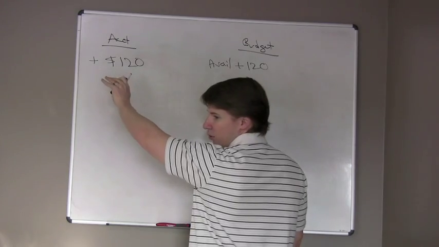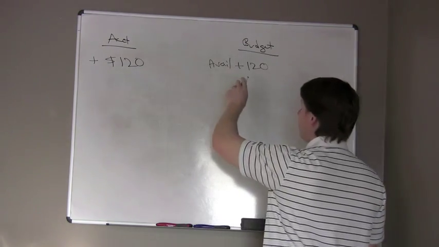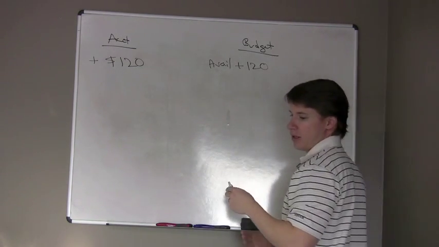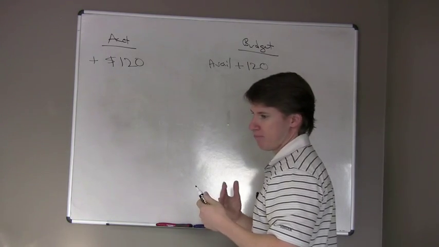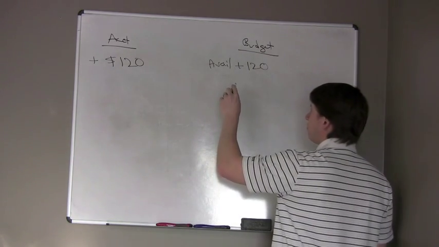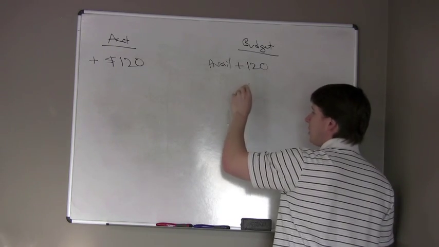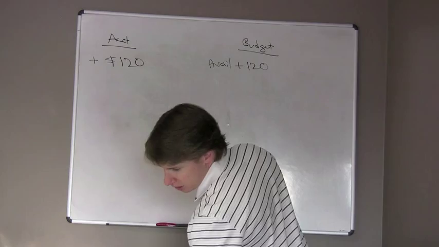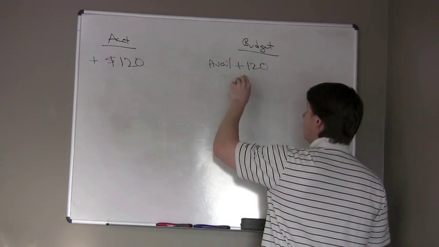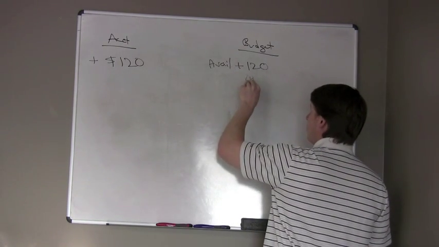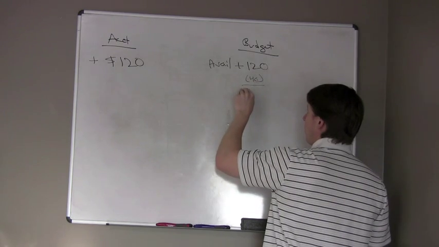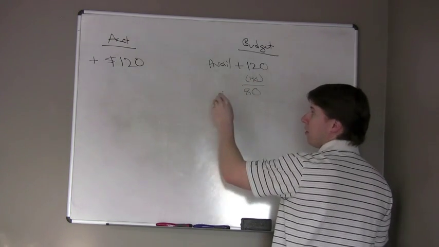Then on the account side, we don't really do anything for a while, but on the budget side, let's say we want to budget some of that money. So we're going to take some of this out. Let's say we budget $40. So we'll take it out of available. So now we have 80 available.